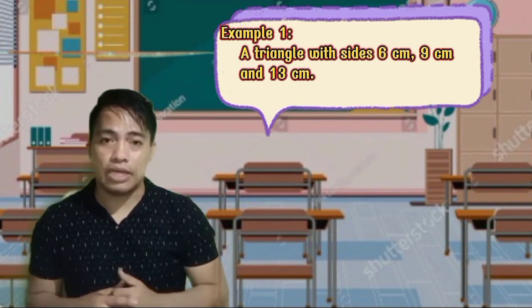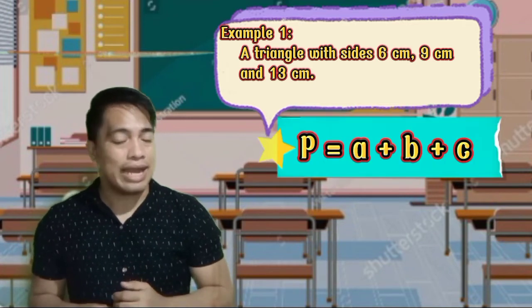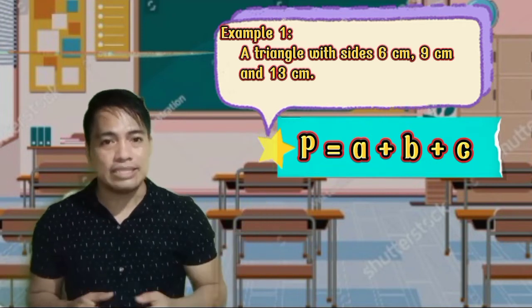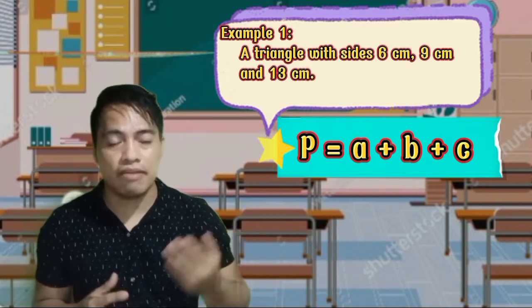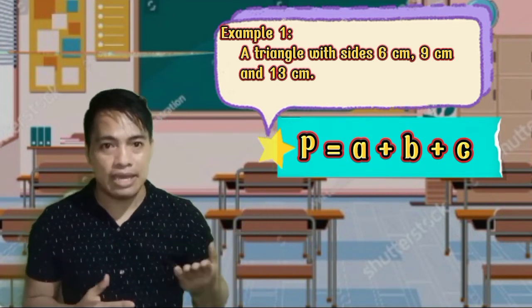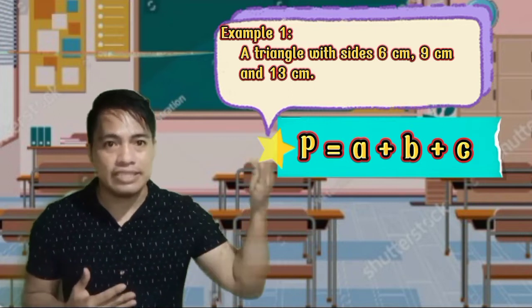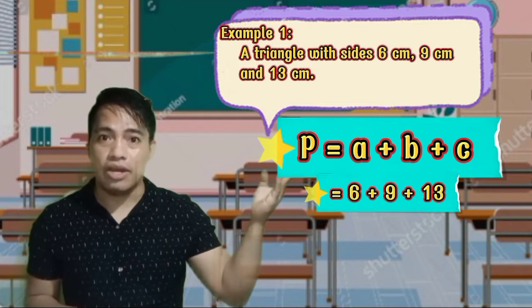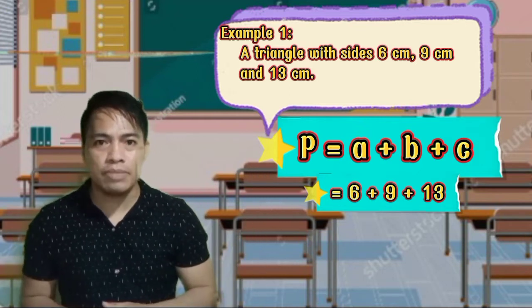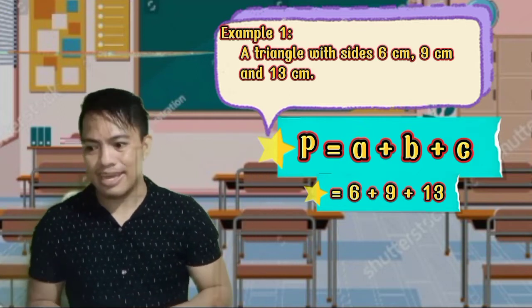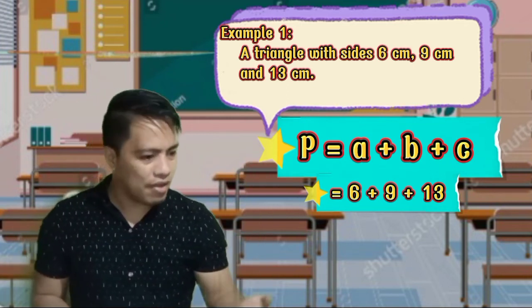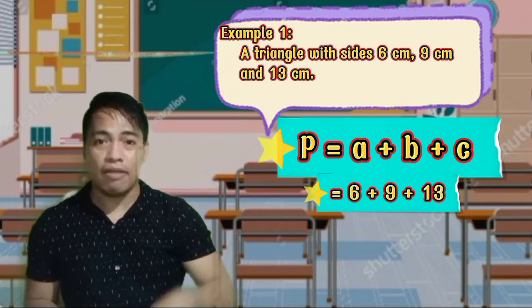The formula we're going to use is P triangle equals A plus B plus C. Next, we substitute the values of A, B, and C, where A is the first side of the triangle. Let's say A is 6 cm. How about B? Exactly, that is 9 cm. How about C? Precisely, we have 13 cm.